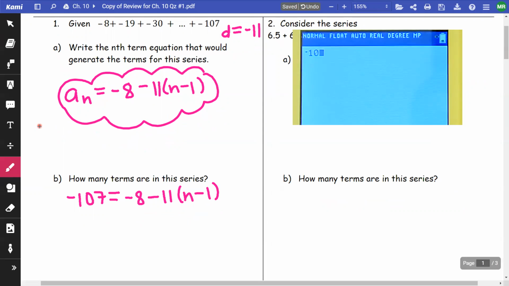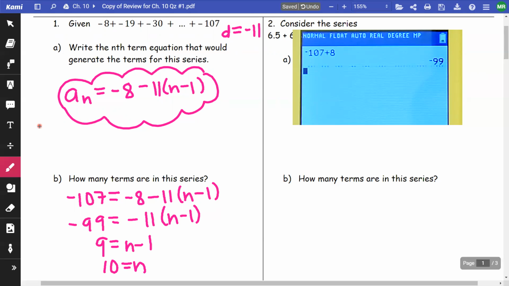When I take -107 and add 8, I end up with -99 is equal to -11 times n minus 1. Dividing both sides by -11, I get 9 is equal to n minus 1. Add 1, so I get 10 is equal to n. So it's the 10th term.